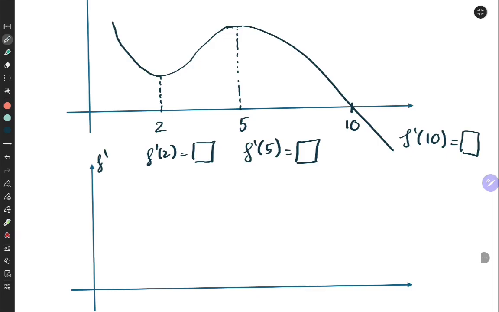2 is probably 0, 5 is probably 0. Those 3 numbers, 2, 5, and 10. What happened there? What happened here? You change direction, that's one thing. I want to look at that in terms of a tangent line.